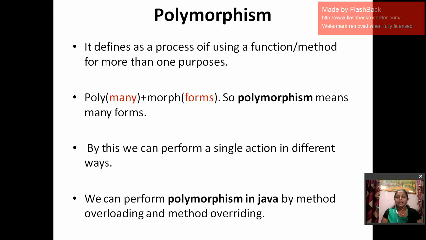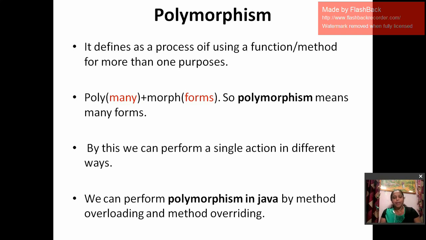A container is a common thing, but a container can be used to keep solid food. A container can be used to keep liquid food. A container can be used to keep semi-liquid food. That means one container can be used in many forms. So this can be the example of polymorphism.